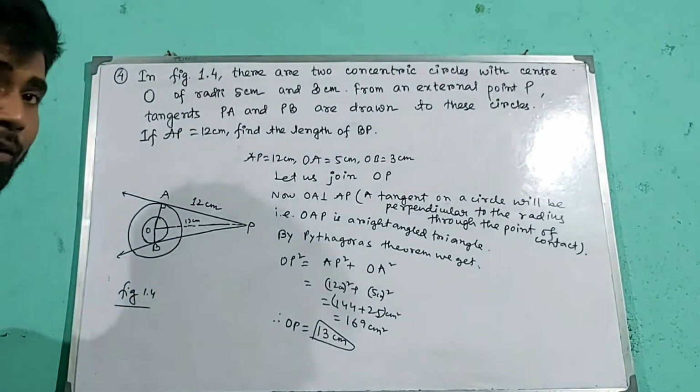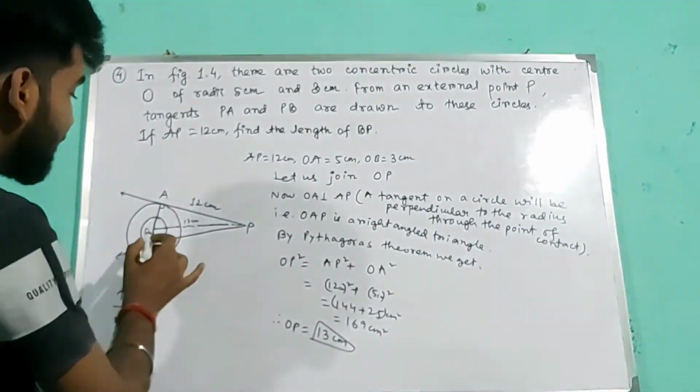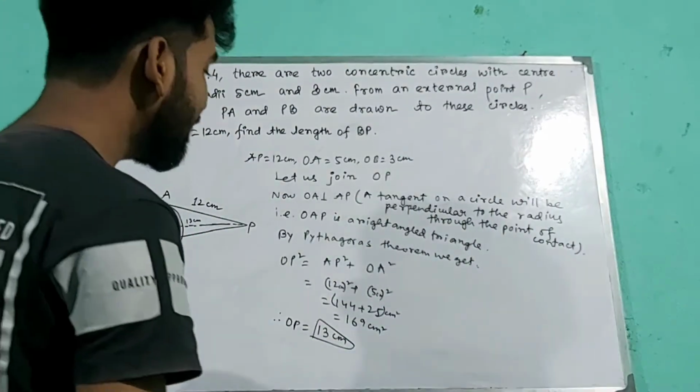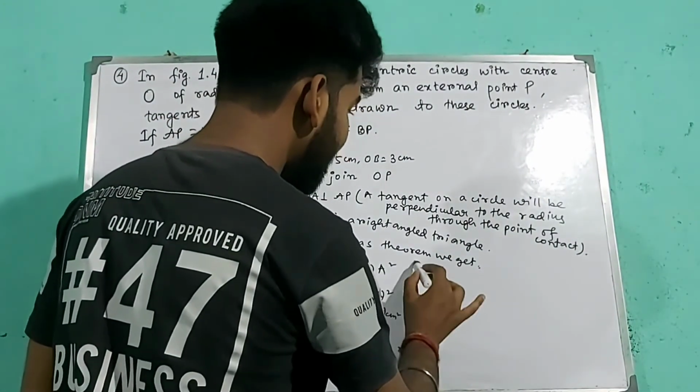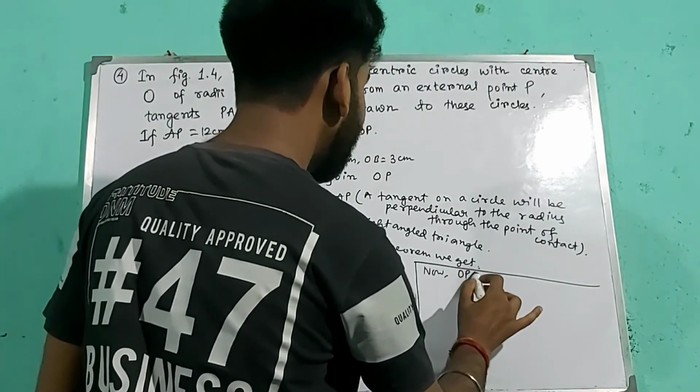Now see, one more triangle is there, OBP. No need to write all this because we know it, I am saying it in mouth. OB will be perpendicular to BP, and the reason is the same. I write it in this box because there is no place.